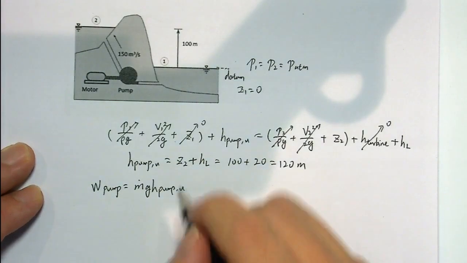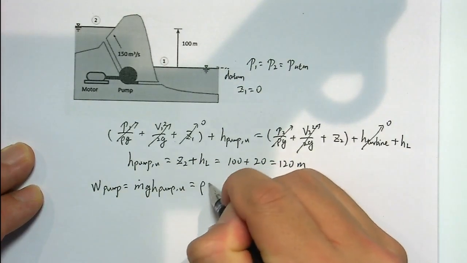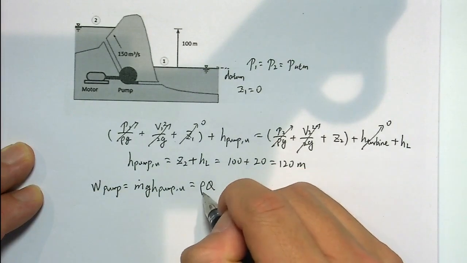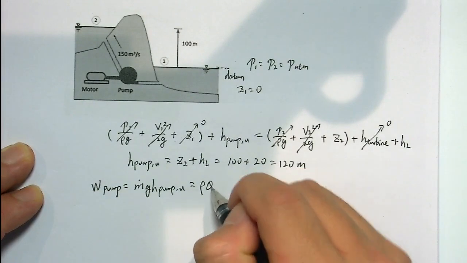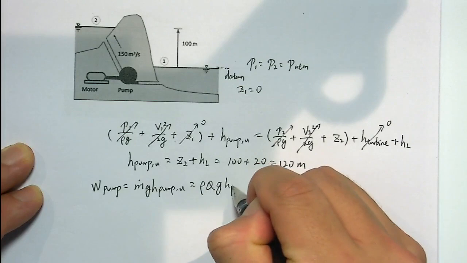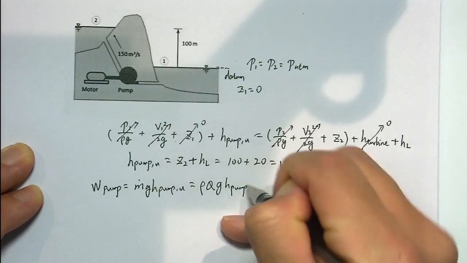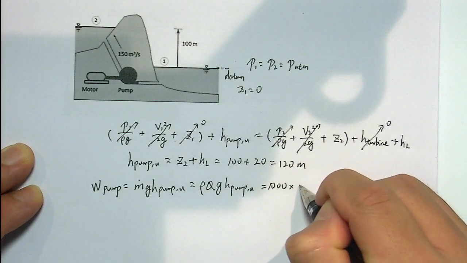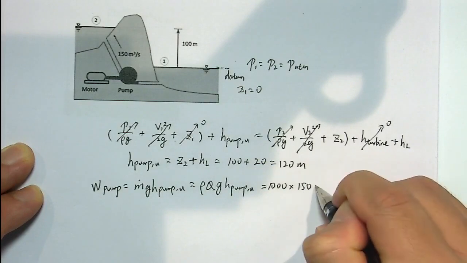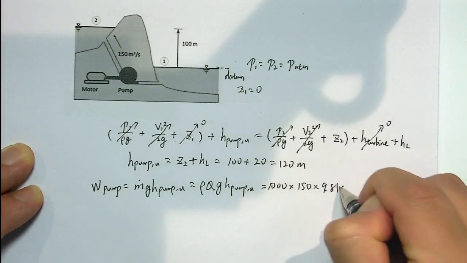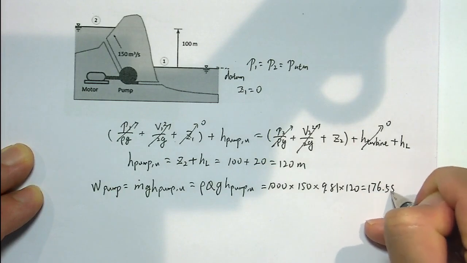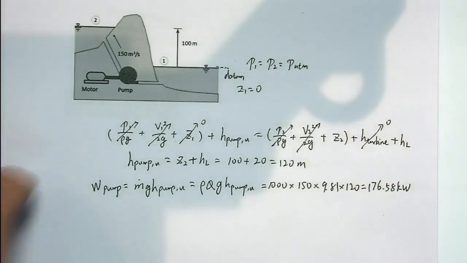And the mass flow rate is rho Q, the density multiplied by the volume flow rate, times g H pump. And we got 1000 times the volume flow rate. So we got the work output from the pump.